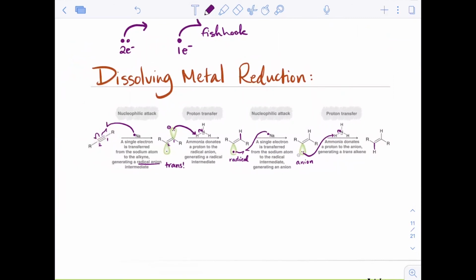So be very careful with this mechanism, noting that radicals and anions do not have any rearrangement. This isn't a carbocation with the ability to rearrange, right? So there's no movement of those electrons across or around the molecule. They are located and stationary, localized on carbons number 1 and 2. And we do see that we have a leftover pi bond, right?